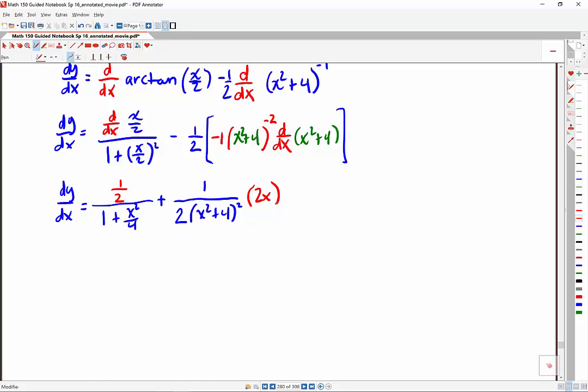So now let's check it out. I'm going to leave it like this because, well, I'll divide out that 2. Why not? So those 2's will divide out. Now we just need to clean this up. So we'll have dy/dx is equal to 1 over 2 times, getting a common denominator with the 1 plus x squared over 4, we would end up with 4 plus x squared over 4.